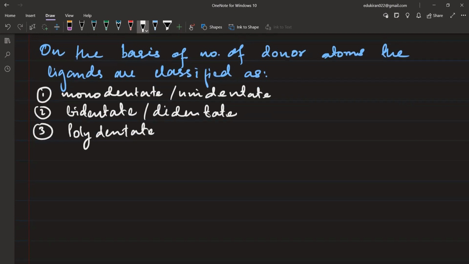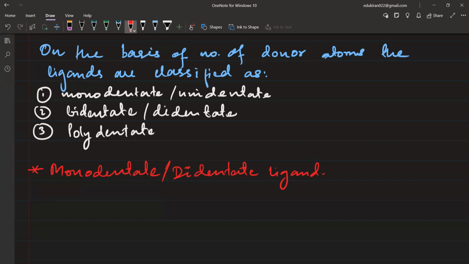Now, write the topic: monodentate or didentate ligands. What are the monodentate ligands?